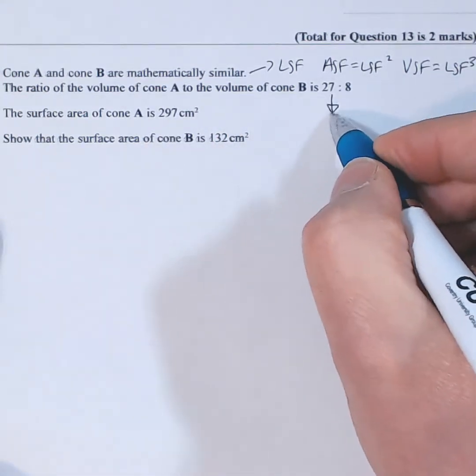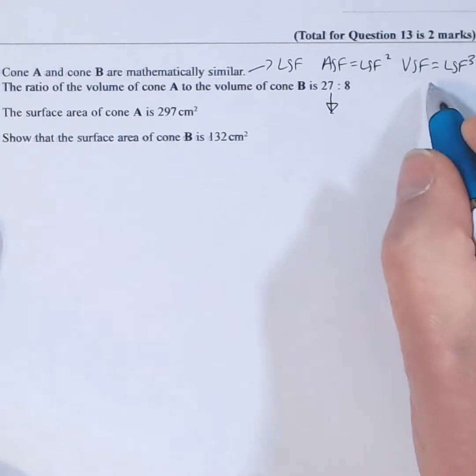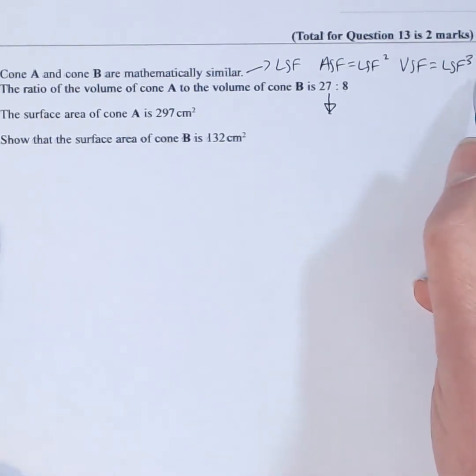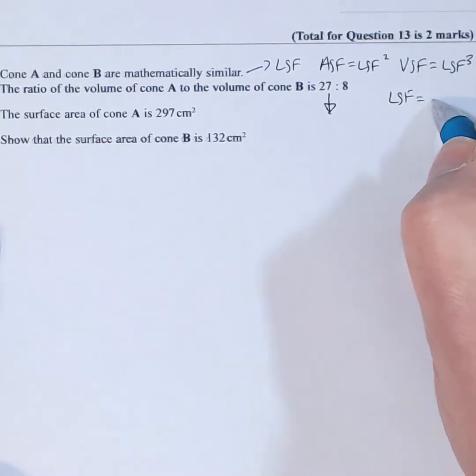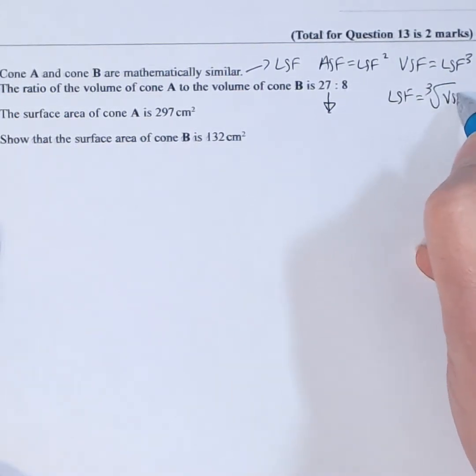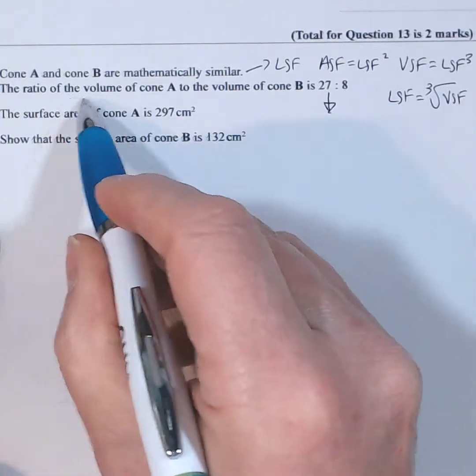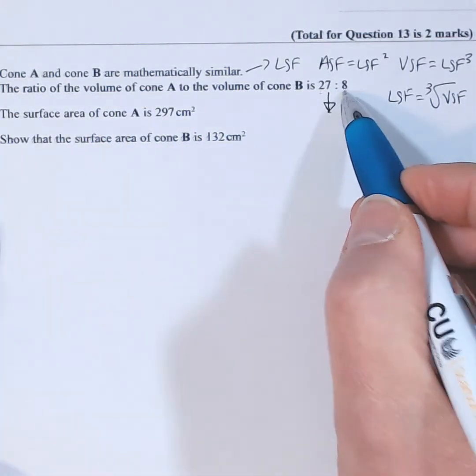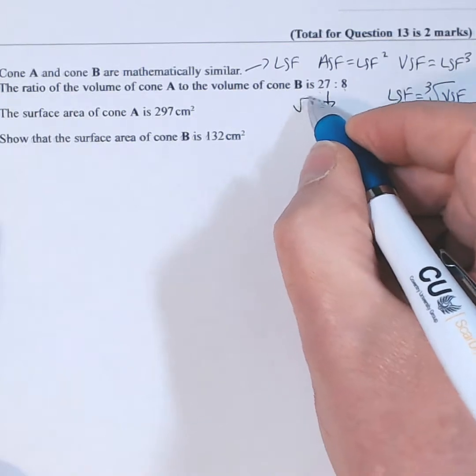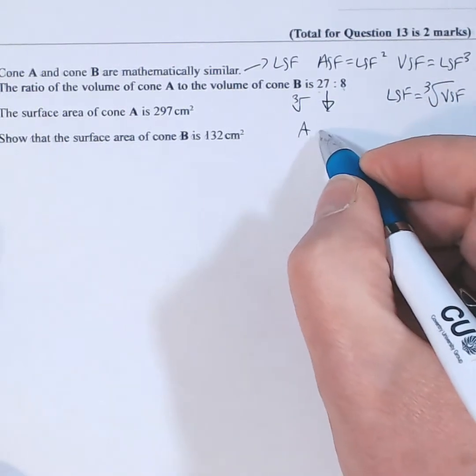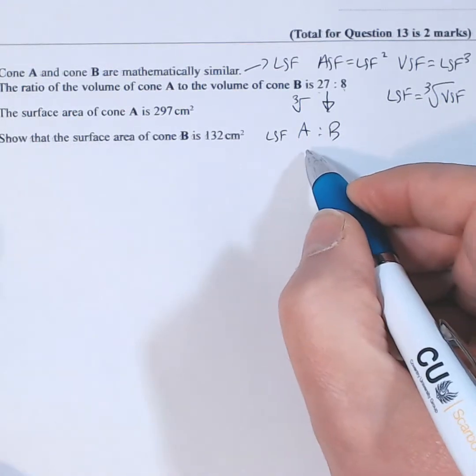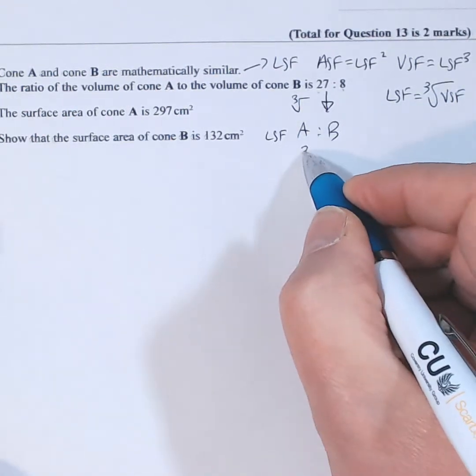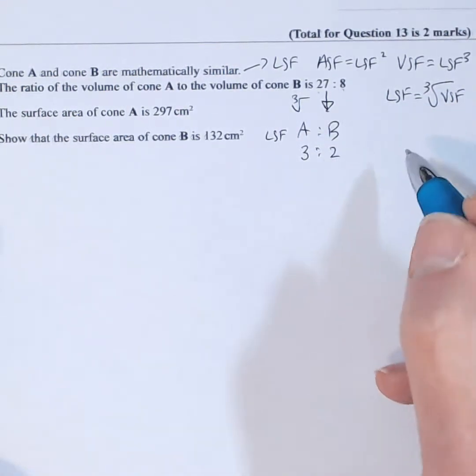Okay, so we know that the volume scale factor is the linear scale factor cubed. So the linear scale factor must be the cube root of the volume scale factor. Well, they've told us what the volume scale factor is. It's 27 to 8. So if we cube root all of those, then A to B, in terms of the linear scale factor, is going to be, well, the cube root of 27 is 3, and the cube root of 8 is 2.